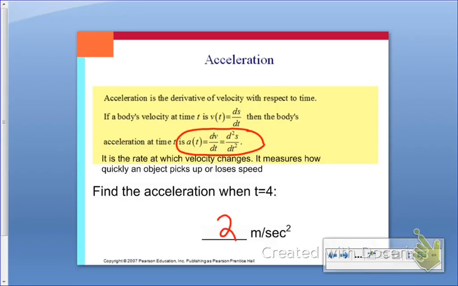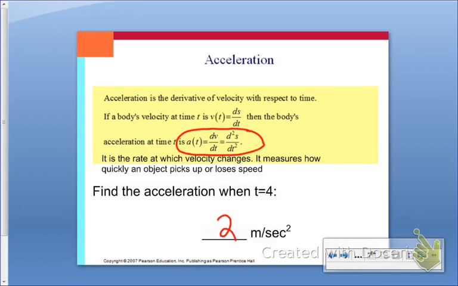Does it matter if there's no t in the problem? What does that mean? Yeah, it's always 2. If I get an answer with a t in it, now I can plug in 4. I don't need to plug in 4 here because the acceleration is always 2 meters per second squared. Notice the units.